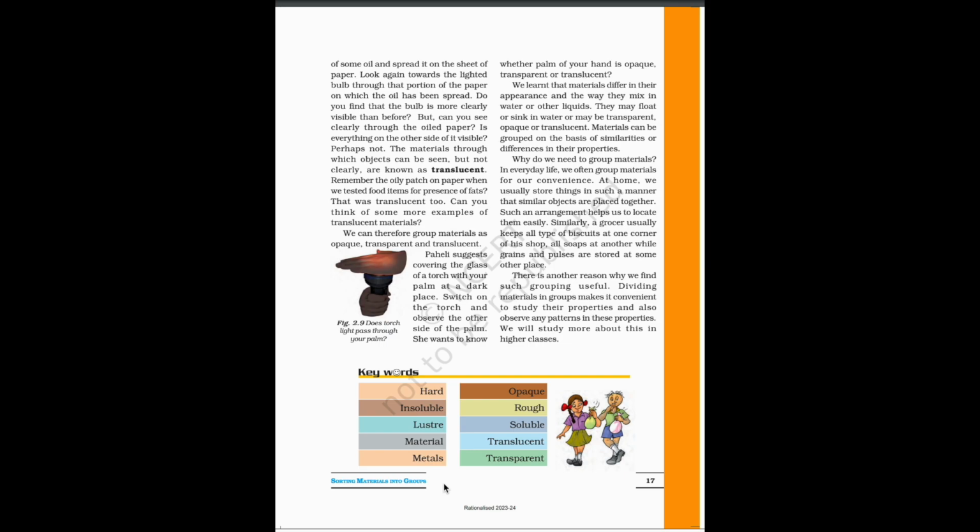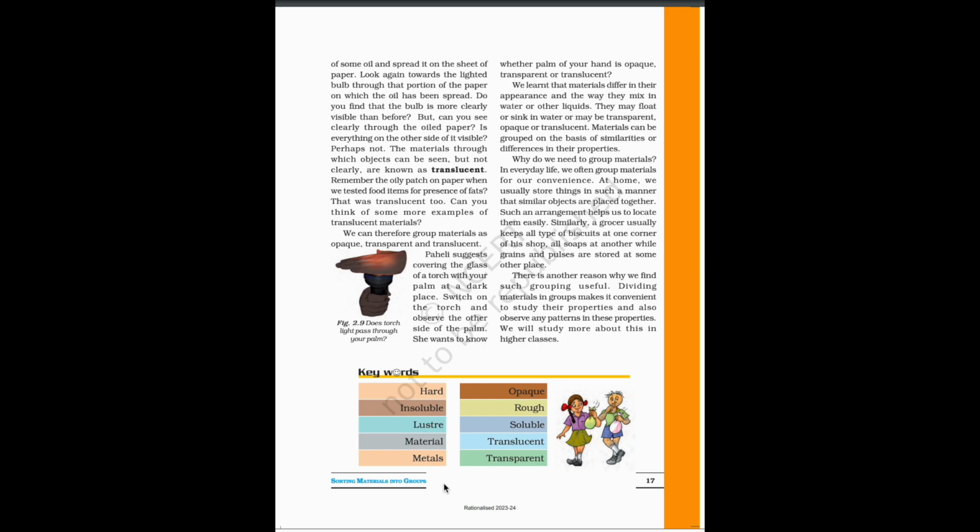At home, we usually store things in such a manner that similar objects are placed together. Such an arrangement helps us to locate them easily. Similarly, a grocer usually keeps all types of biscuits at one corner of his shop, all soaps at another, while grains and pulses are stored at some other place.